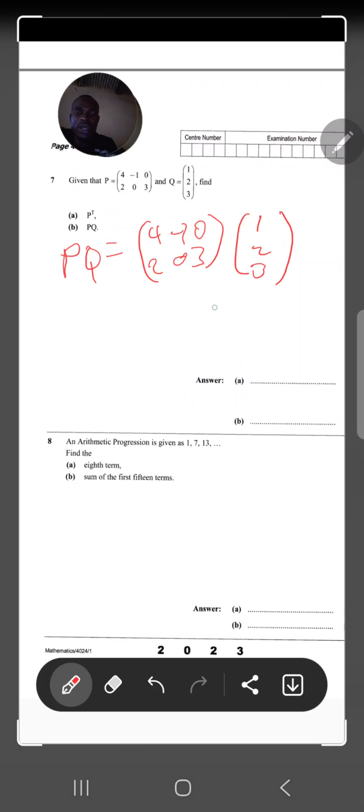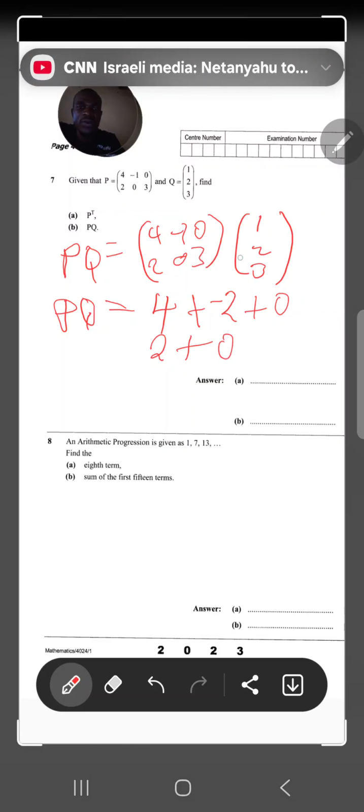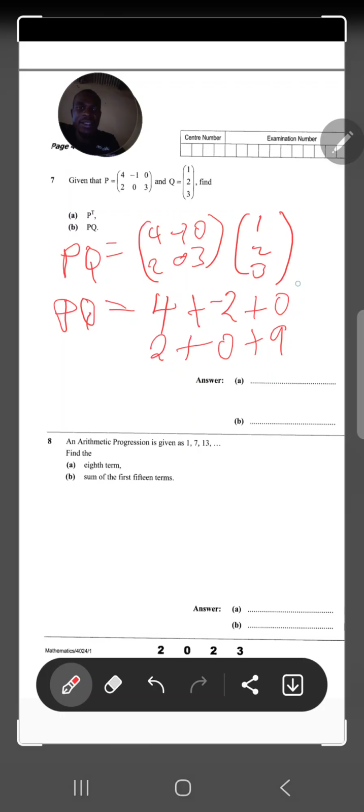So it will be row by column. PQ is 4 times 1, that is 4, plus -1 times 2, that is -2, plus 0 times 3, it will be 0. Then we come to the next row, 2 times 1, that will be 2, plus 0 times 2, that will be 0, plus 3 times 3, that will be 9.